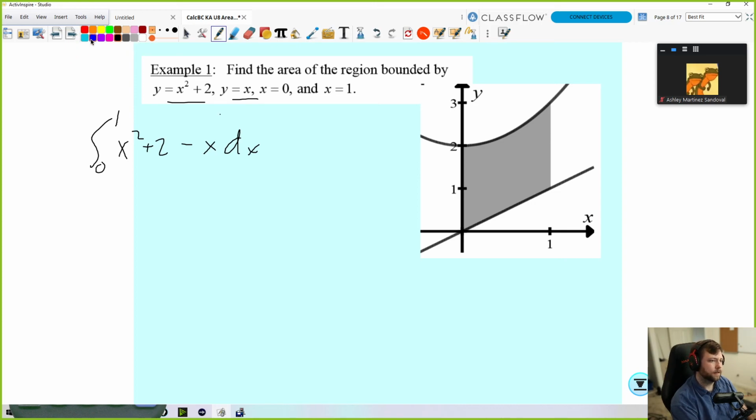Great. Now I'm going to anti-derive, integrate. X cubed over 3 plus 2x minus x squared over 2 from 0 to 1. And then you plug in 1. I get 1 cubed over 3 plus 2 times 1. Uh-oh.